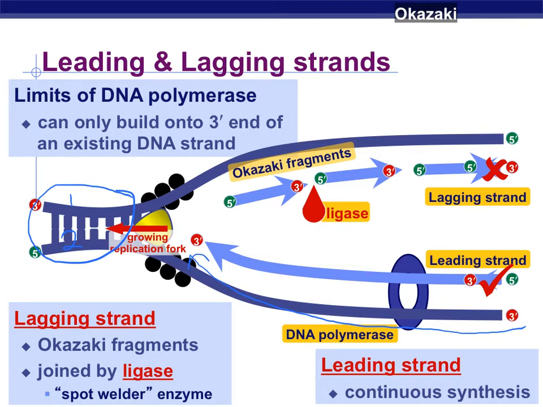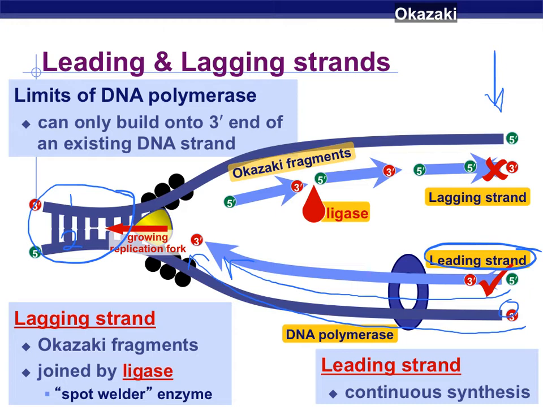So that's okay in what's called the leading strand. In the leading strand, we will just add on to the 3' area and build in a continuous direction with the growing replication fork. Well, since the replication fork actually started at this end, what's called the lagging strand can't be built in the same direction.